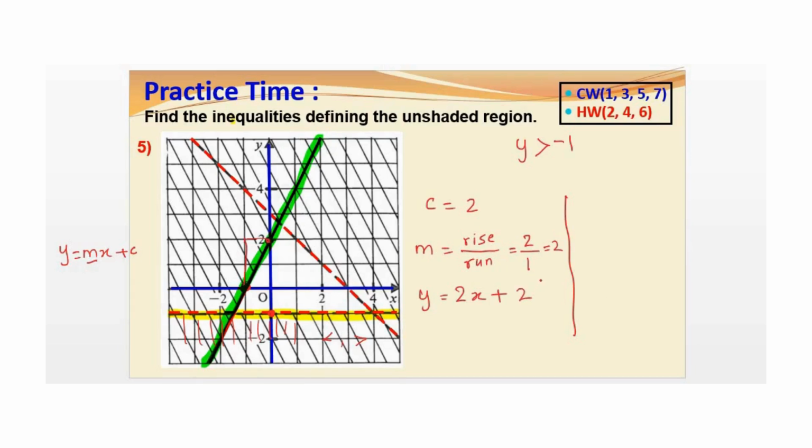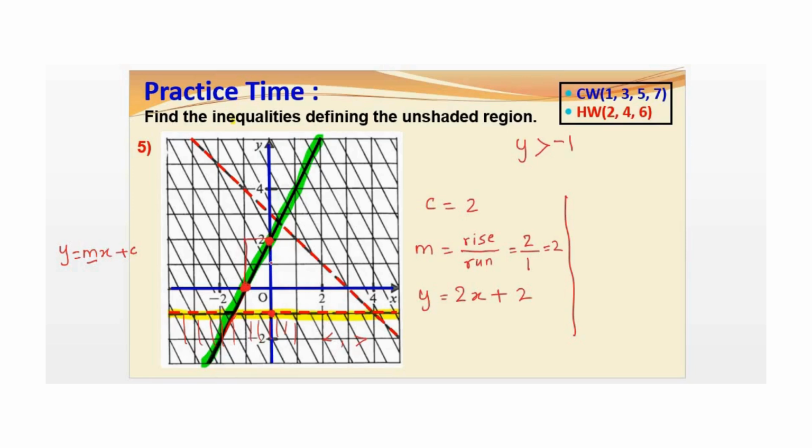Now let's change it into an inequality. How do we change it into an inequality? By looking at the sign, by looking at this line. Clearly you can see the y-intercept is here, the lower values are unshaded and the upper values are shaded. That means the greater values are shaded. The cloud is shaded and the ground is unshaded; from this point you can decide the cloud and the ground.